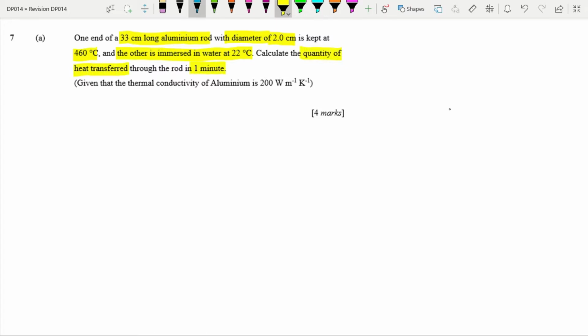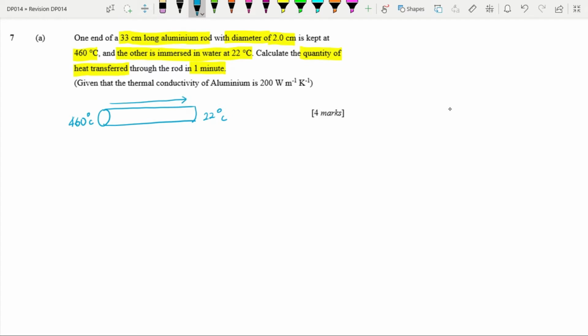Okay, so first of all, kita kena imagine this is an aluminium rod with temperature difference at both ends. So imagine this is 460 degrees Celsius and the other end is 22 degrees Celsius. So heat flow in that direction.